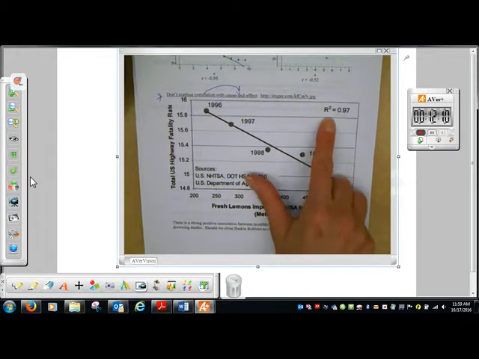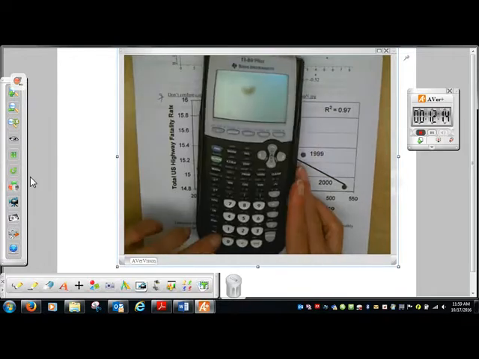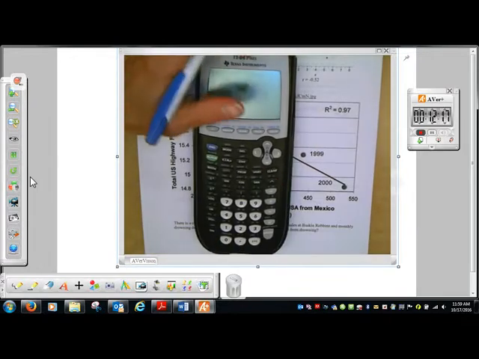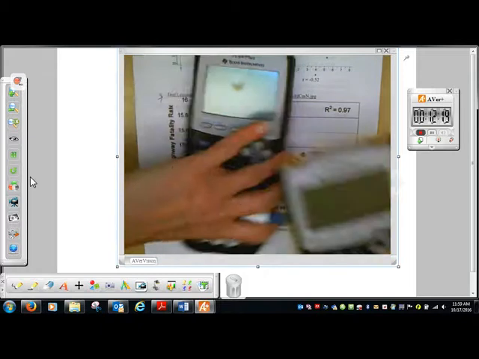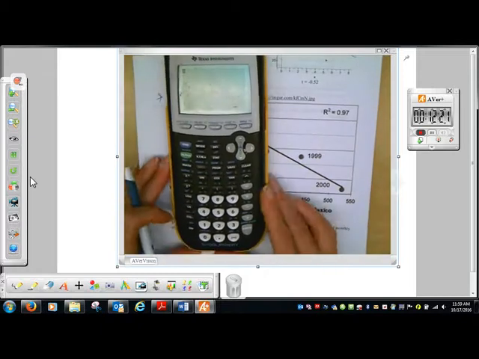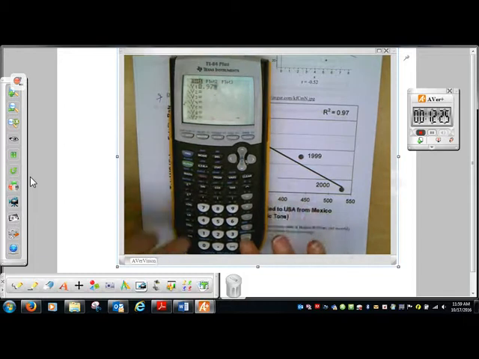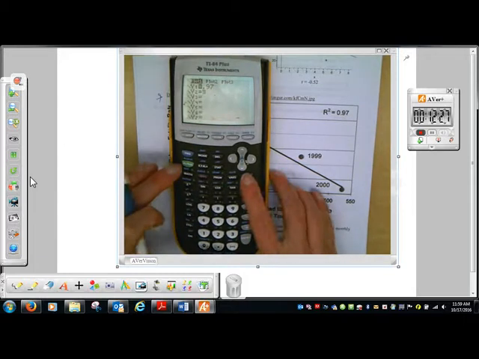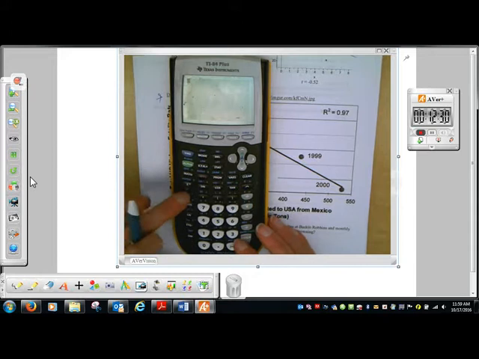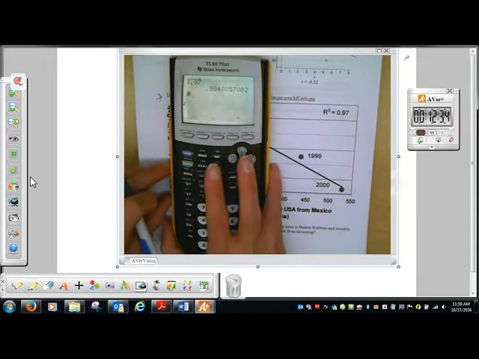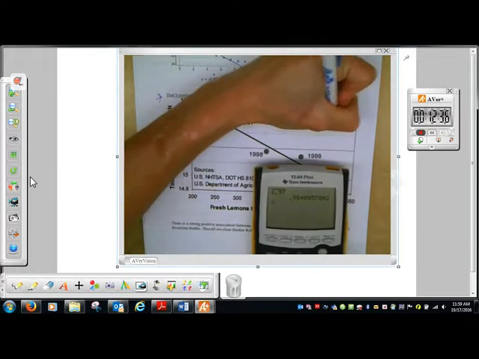Okay, it has R squared, which is called the variability. To find R from R squared, you're going to take the square root of 0.97. Let me get back to the home screen. The square root of 0.97 tells us that R is 0.98 here.